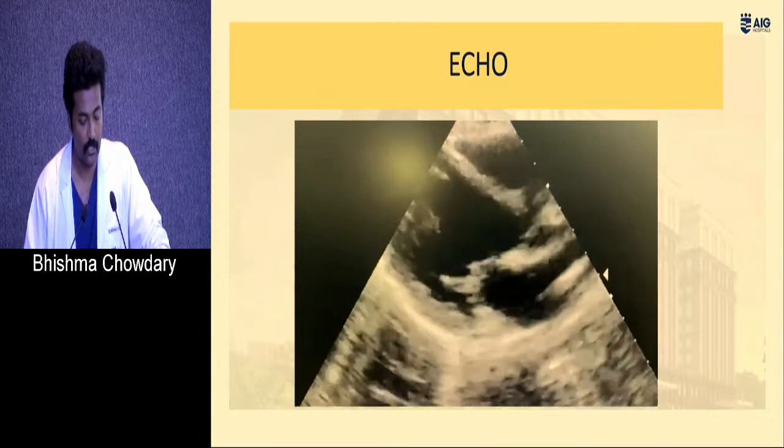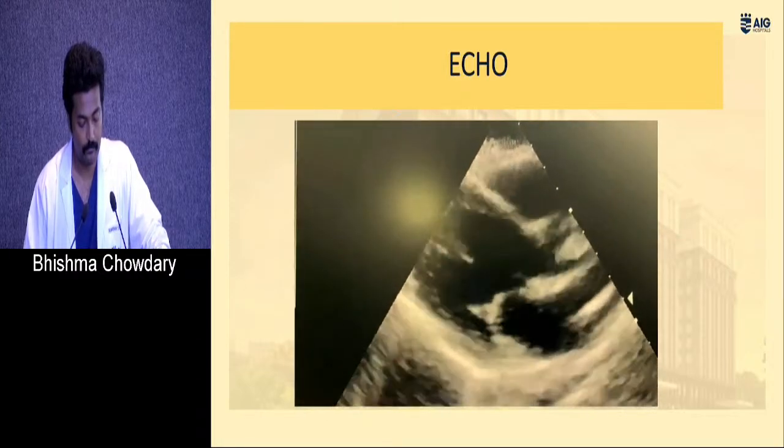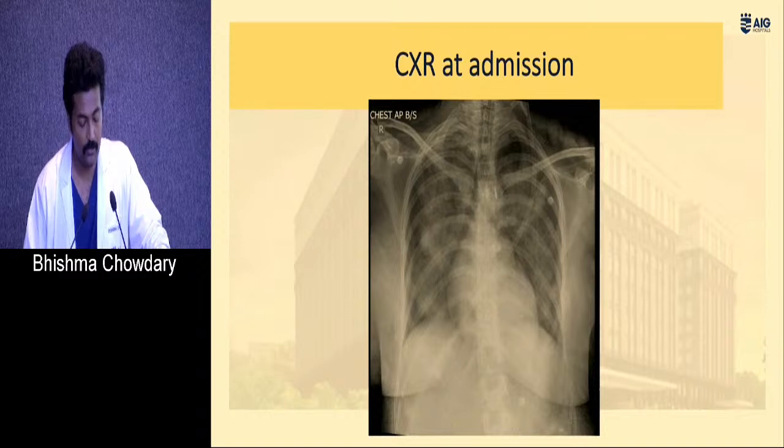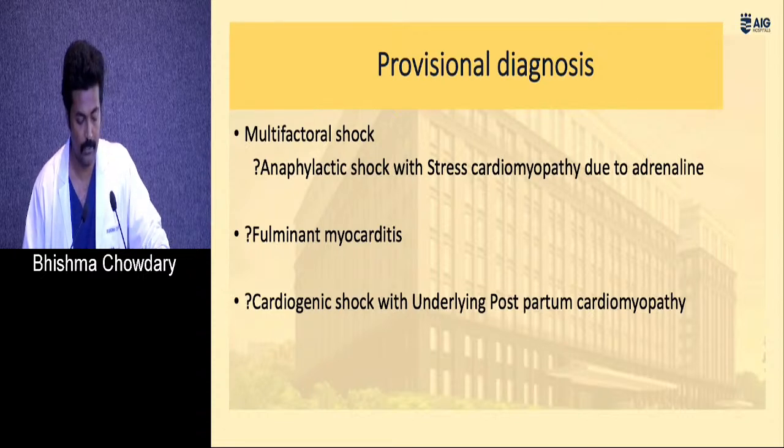So the heart was literally not contracting. And this was the chest X-ray showing frank pulmonary edema. So a provisional diagnosis of multifactorial shock was made. The differentials were anaphylactic shock with stress cardiomyopathy due to the adrenaline which was given, or a fulminant myocarditis, or cardiogenic shock probably with an underlying postpartum cardiomyopathy.